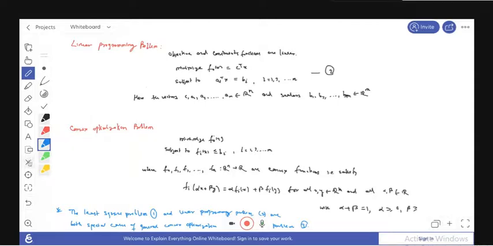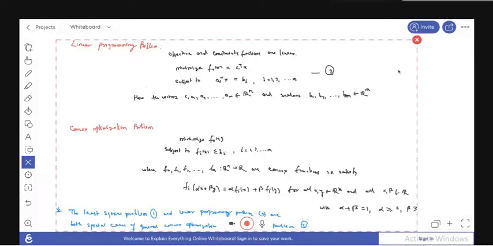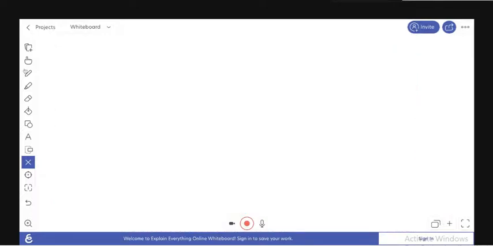So, next page, let us take a small theorem.